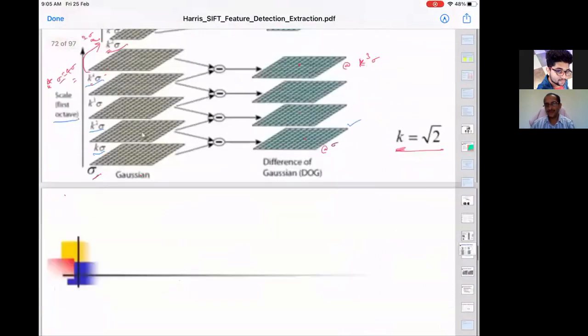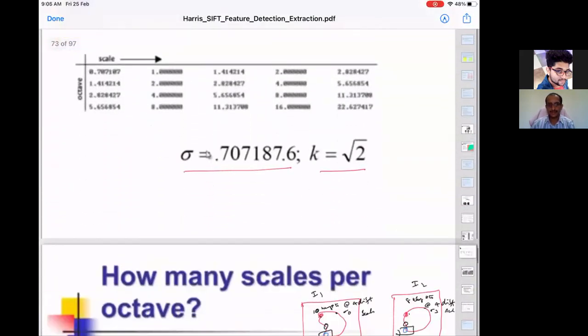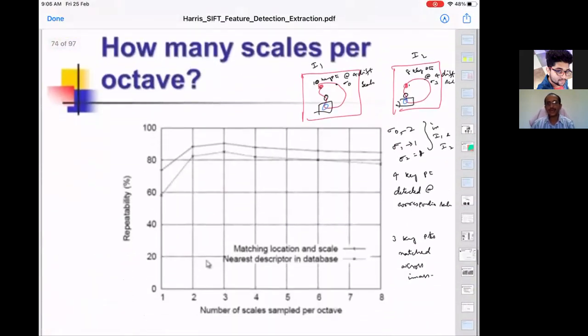Then we also saw how to localize them better, that is, how through Taylor series expansions, accurate sub-pixel level localization is possible in the scale invariant feature transform.